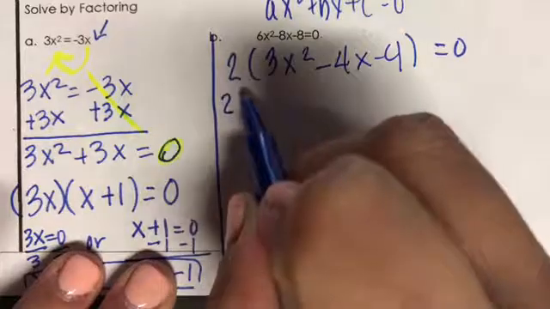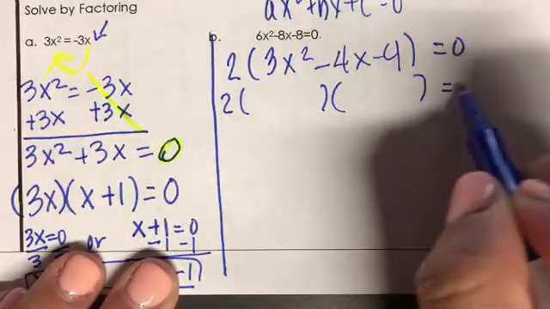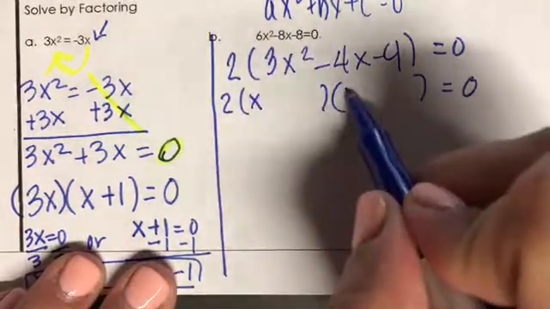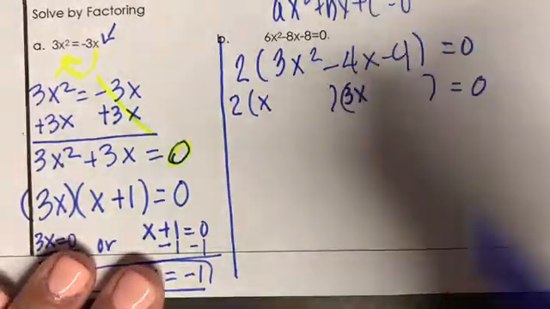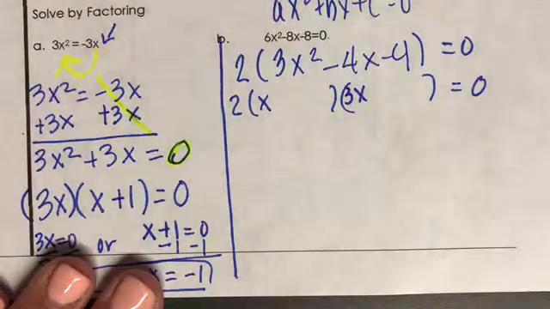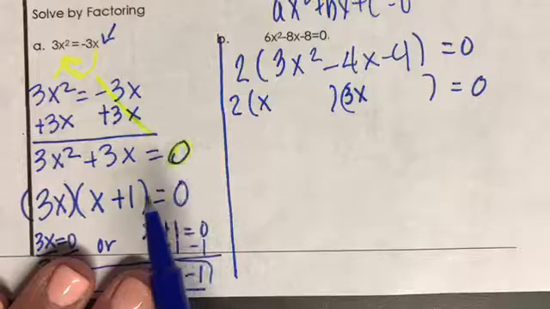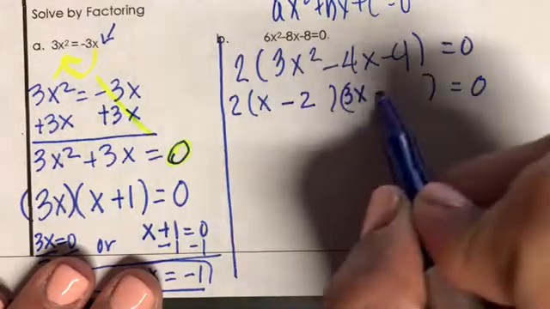We're going to keep on bringing down the 2, and now we're going to factor. Still equal to 0. Now I have an x in each one, and 3. So 3 times negative 4 is negative 12. So it's going to be negative 2, plus 2.